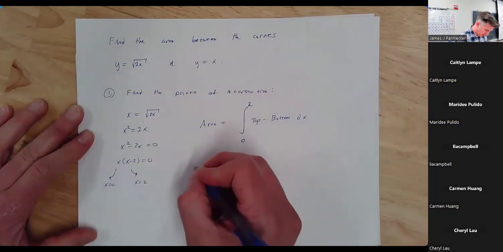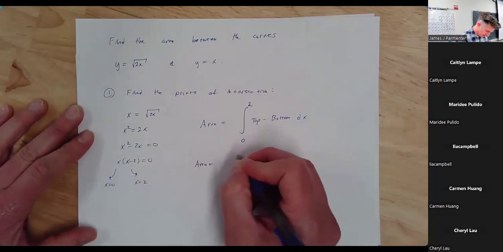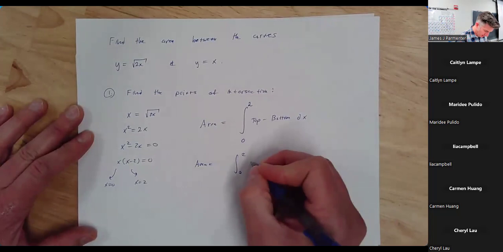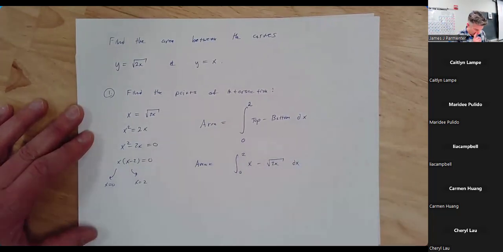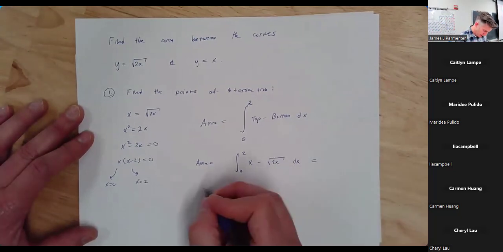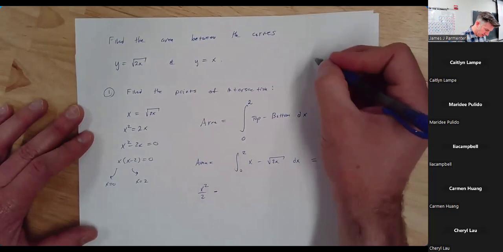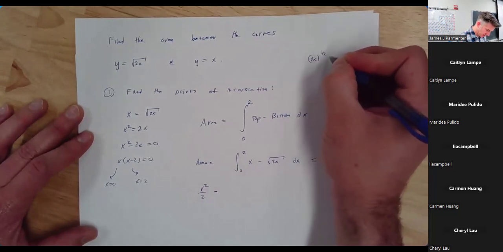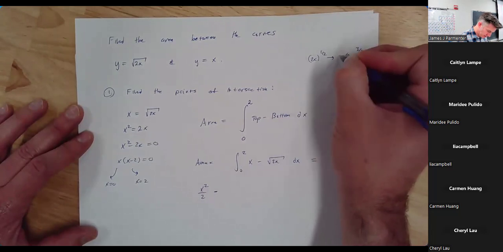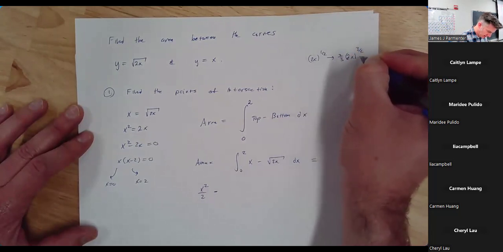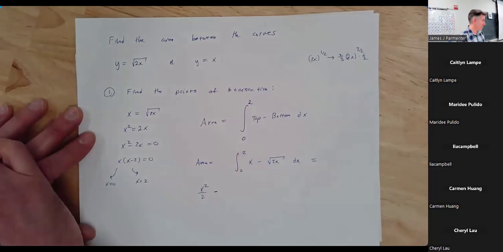One could say the area is equal to the integral from 0 to 2 of x minus the square root of 2x. And then anti-differentiate that and get x squared over 2 minus, so I've got 2x to the 1/2. The integral of 2x to the 1/2 is 2x to the 3/2 times 2/3 divided by 2 because of the 2x there.